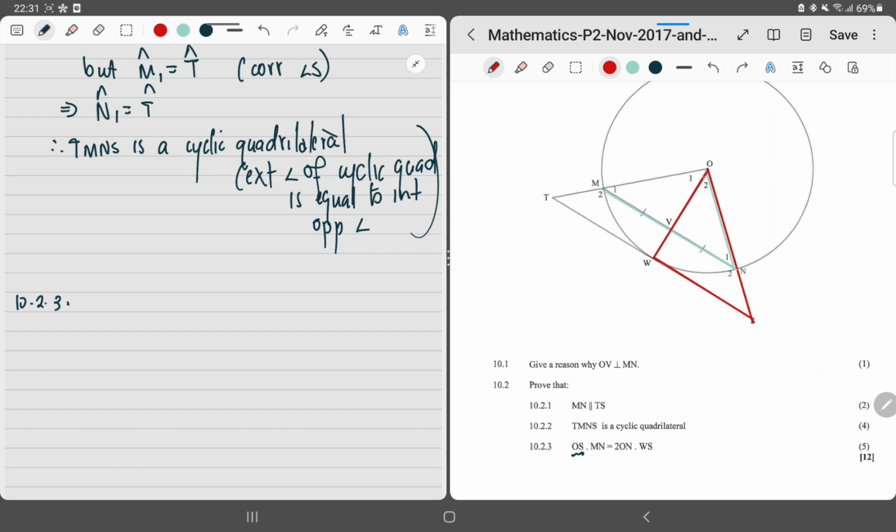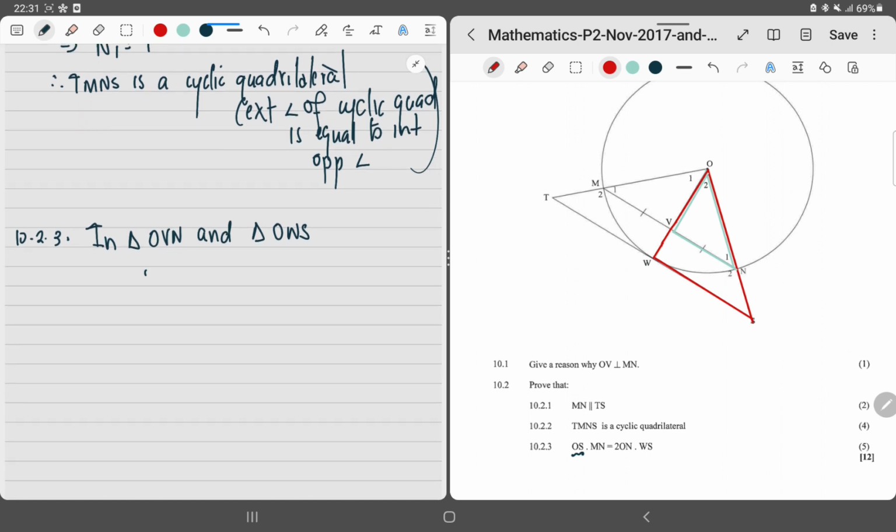So I think it will be this triangle and not this one. So I will say in triangle OVN and triangle OWS.